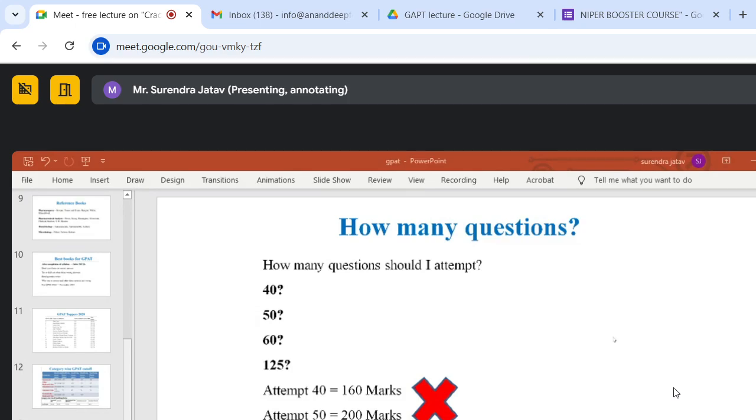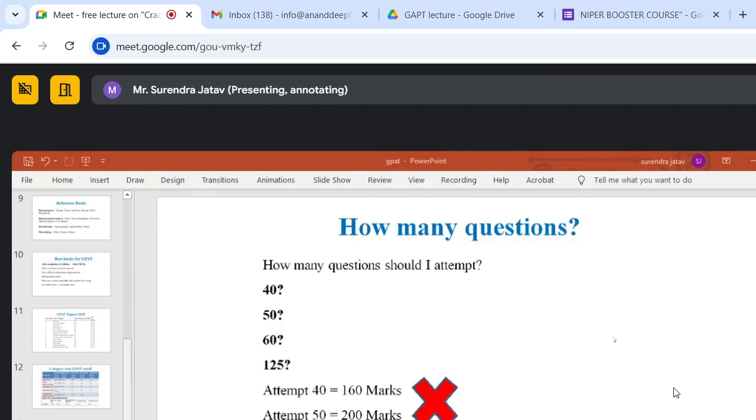So out of 125 questions, is it possible to correctly answer only 50 questions? Please tell me everybody, is it possible or not? Yes, sir, possible. If it is possible, then why do we need to attend all 125 questions? Why are we taking the risk?